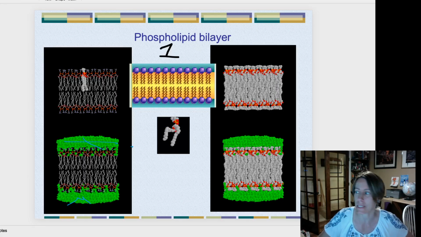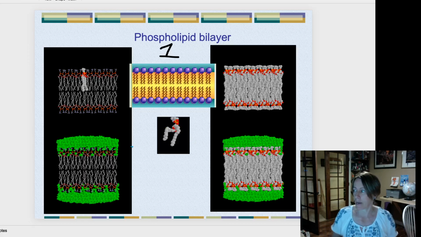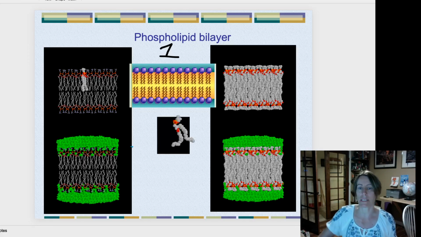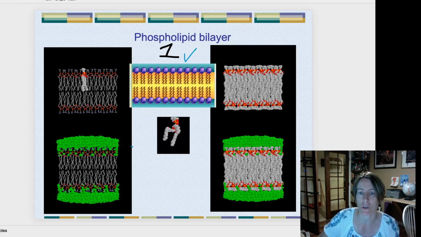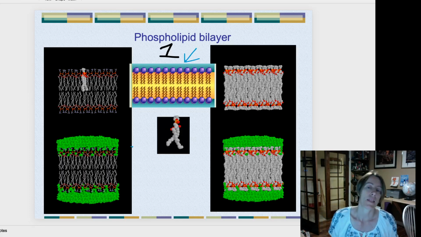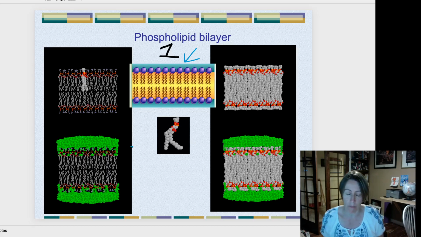Now I'm going to go back to this slide, and this cute little guy here who is wiggling around. So in all of the diagrams, around the outside here, it's very static, right? The phospholipids are all lined up. Even here, this one for sure, they look like little soldiers all lined up one by one in a row. And that's really not what it's like inside of a cell membrane.